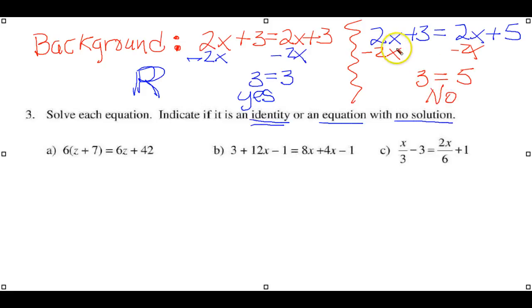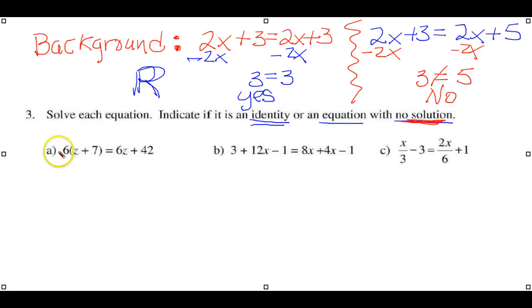So, are there any possible solutions that you could put for the x that would make this a true statement? And the answer is no. So when you have something like this, the variables cancel out, and you're left with an untrue statement, this is not true, then there is no solution.